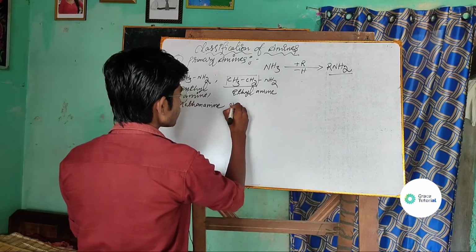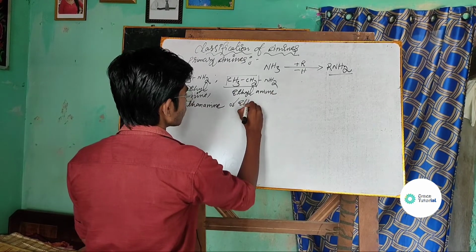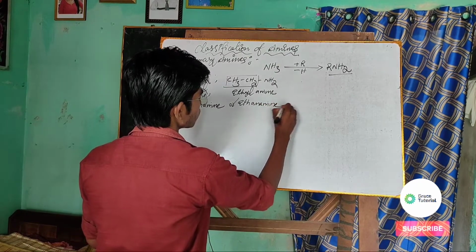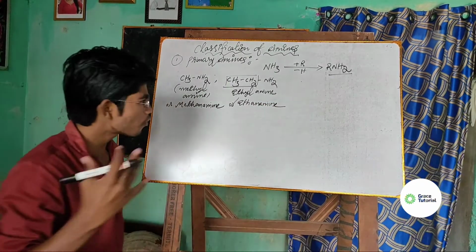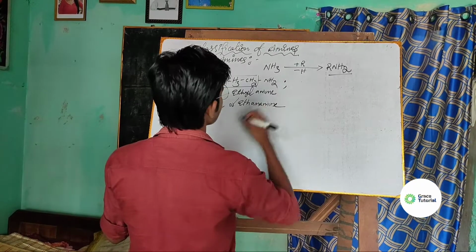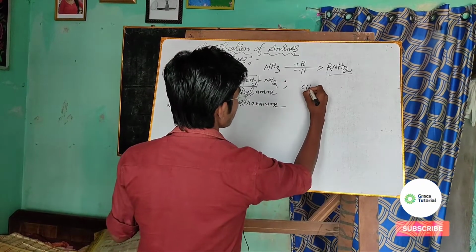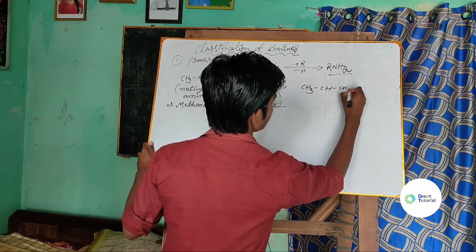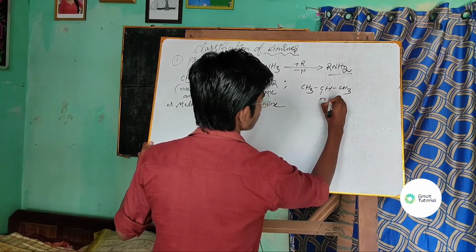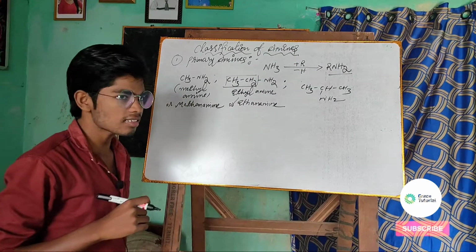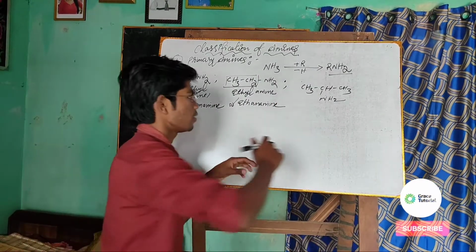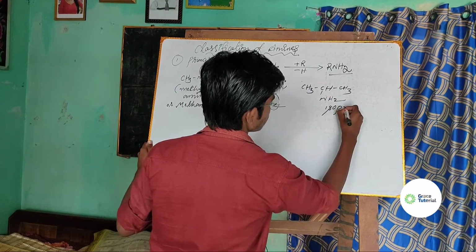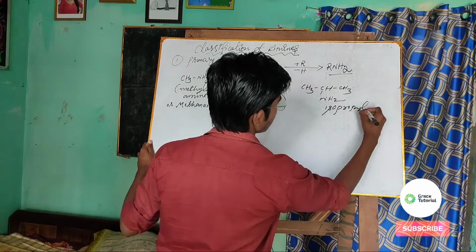Or tell me what's the other name? Ethanamine. Let me give you one more example. Suppose I have CH3, CH3, here it is NH2. So this is isopropylamine.